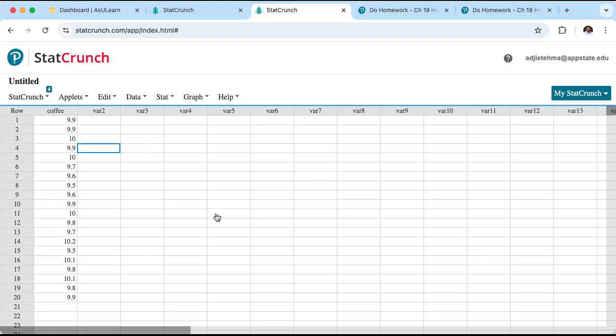Are you guys done inputting the data? So we can proceed to perform the bootstrap hypothesis testing.